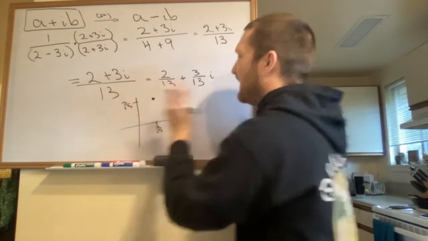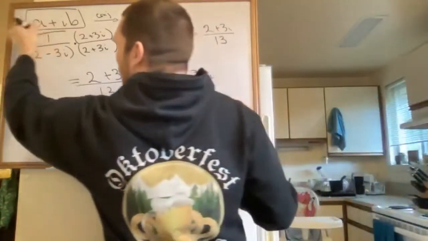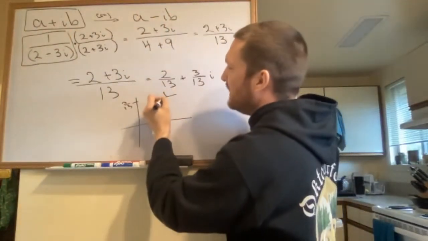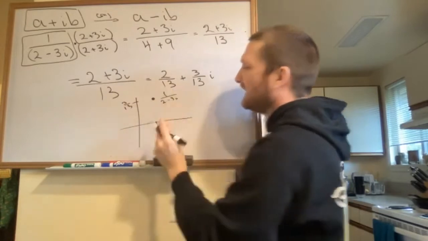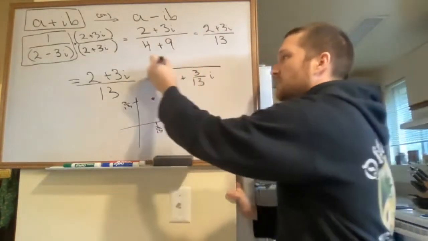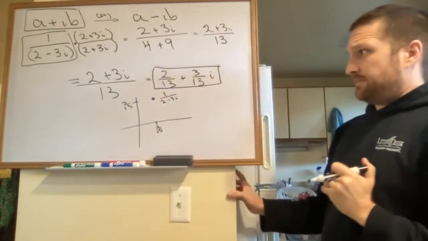And so that's where that guy lives, right there. And that is actually this original point. So that 1 divided by 2 minus 3i lives right there, because he is actually equal to this number right there. Does that make sense?